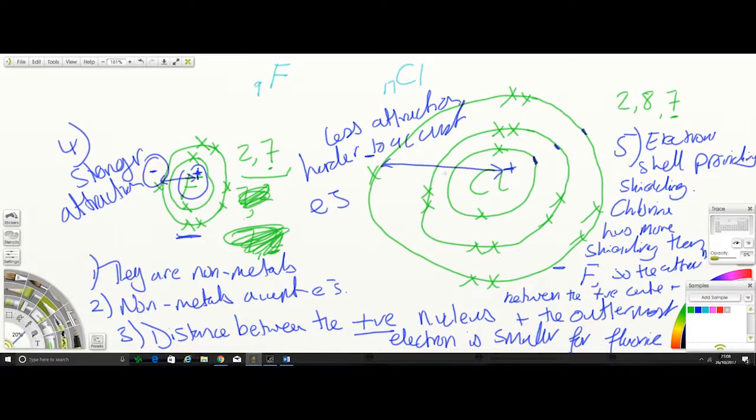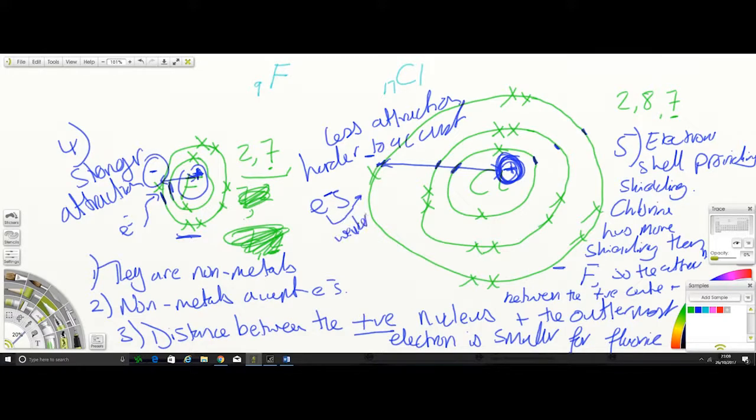So you guys finish that sentence because I've run out of space. What we're saying is that because there's more shielding, 1, 2, and then the third one, this here is going to stop or decrease the effect of the positive center having attraction to the outermost electron. Whereas here, there's only one shell and then it's the next electron shell. So because there's less shielding, it can attract that extra electron much more strongly, whereas here the attraction is going to be weaker.